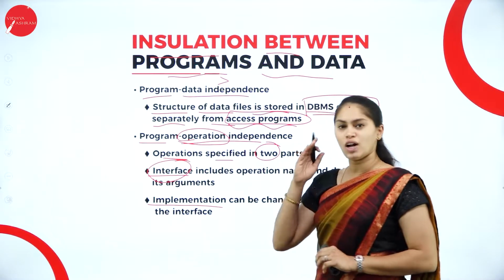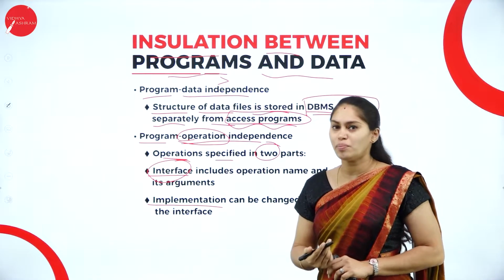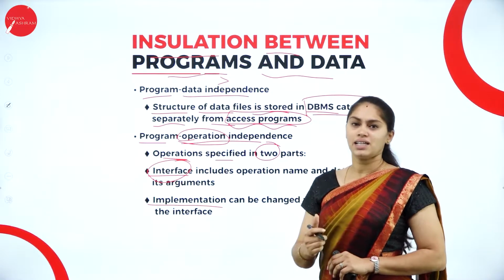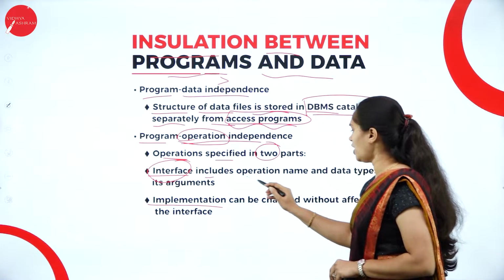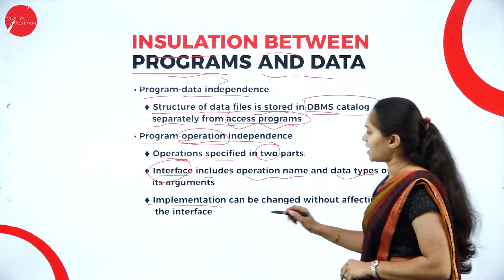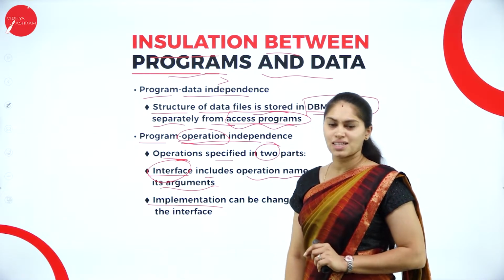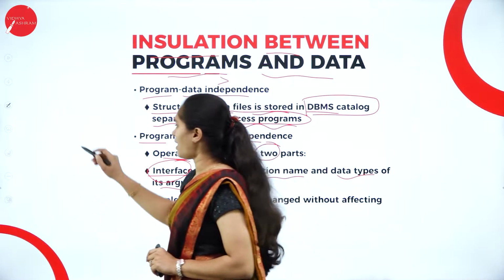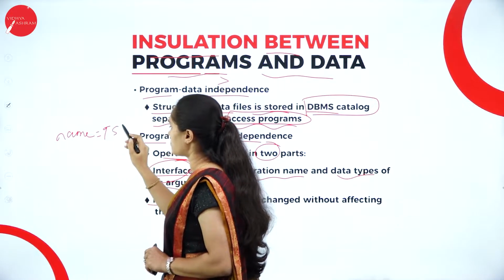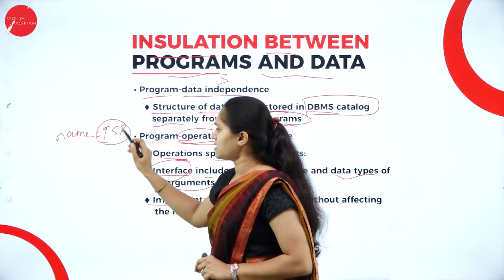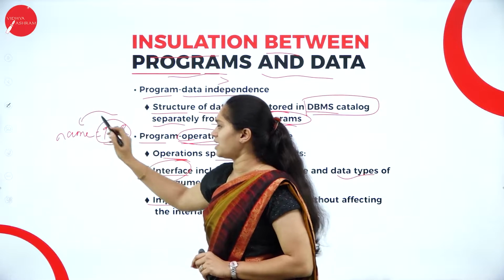So if I consider an operation, I have to consider two parts: one is the interface and the other is the implementation. The interface includes the operation name and the data types of its arguments. For example, if I consider name as an operation and name = TSR, then TSR is the parameter I am sending to it.